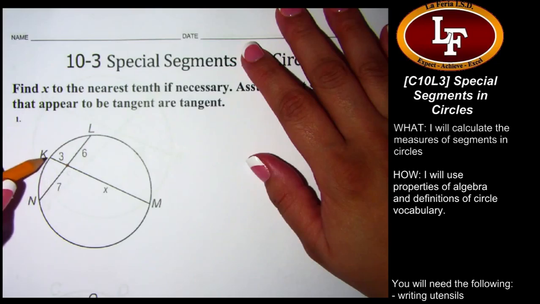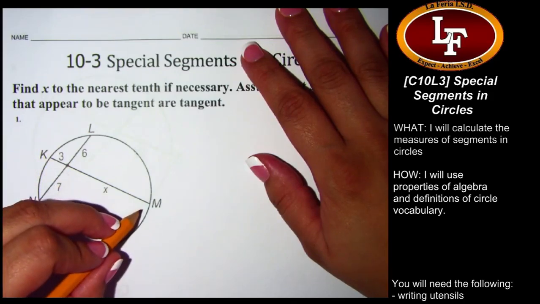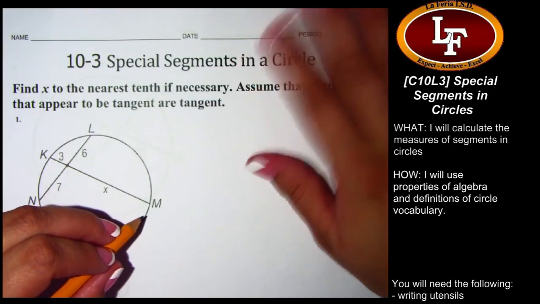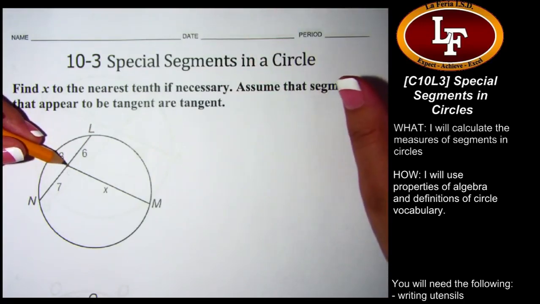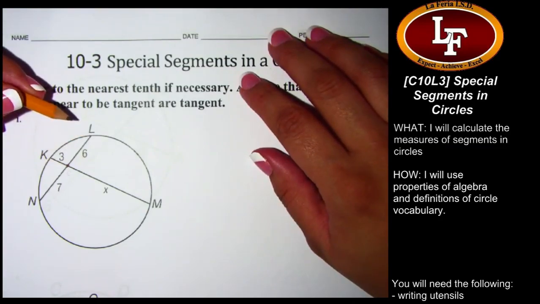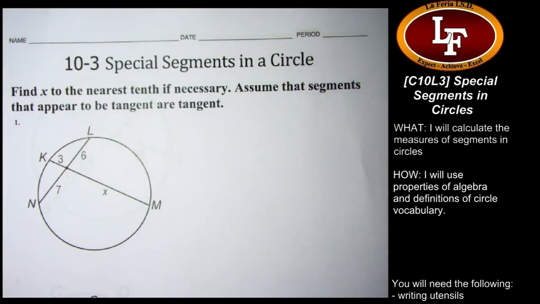Then, from K to the intersection point, that measure, times the intersection point to M, that measure. That quantity is equal to N to the intersection point, whatever you named it, times the intersection point to L. Okay, so write your setup. We'll do the calculations later.